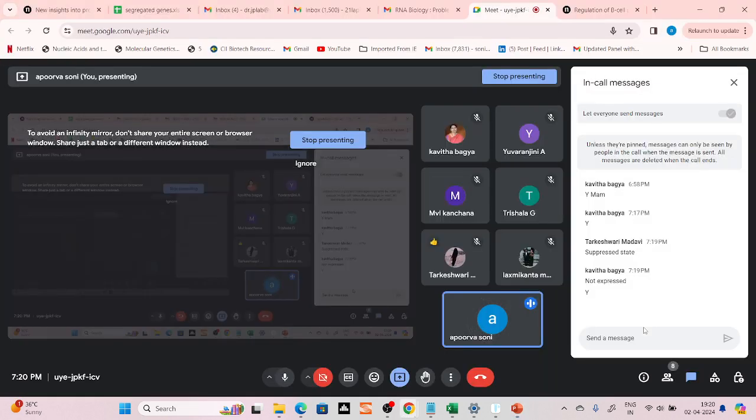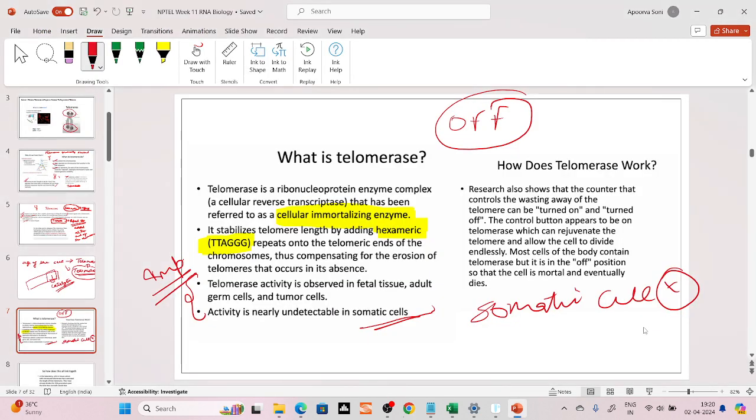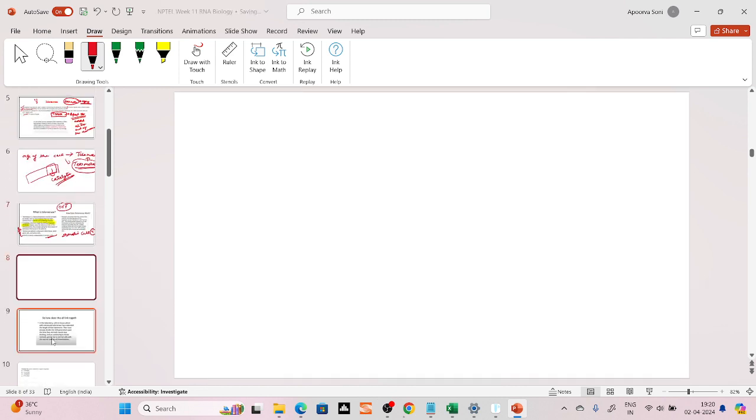So one thing that I have told you in some previous lectures is that all the genes are present in all the cells. It depends on the expression. The expression of genes is cell specific and context specific also.